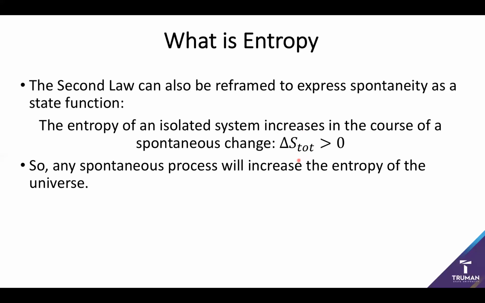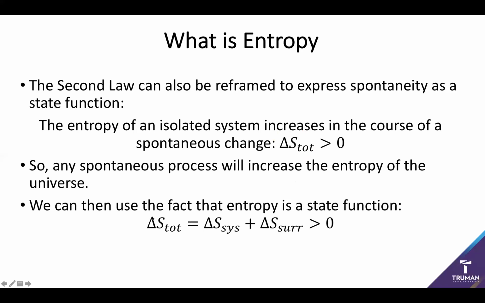However, it turns out that most of the time, I don't care so much about the entropy of the universe. I care about the entropy of the individual process or reaction that I'm examining. So what we do is we tend to split the entropy of the universe up into two parts, into the system that I'm studying and the surroundings, which is everything else that I don't care about.